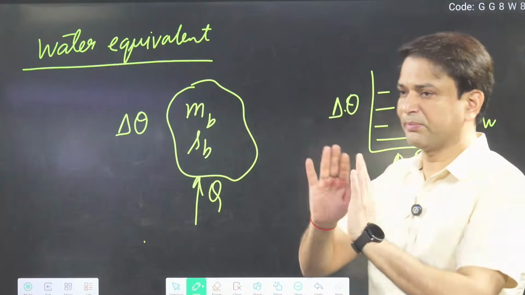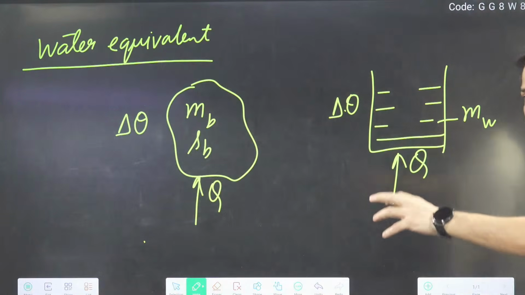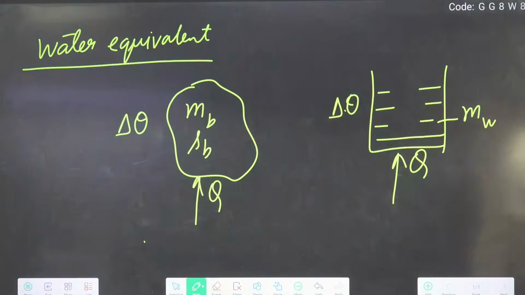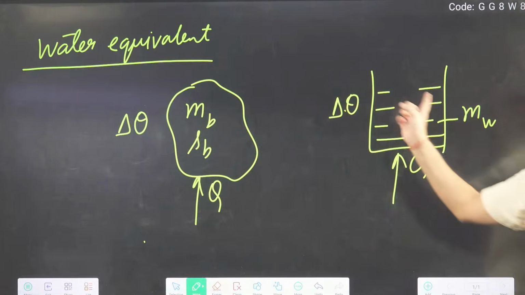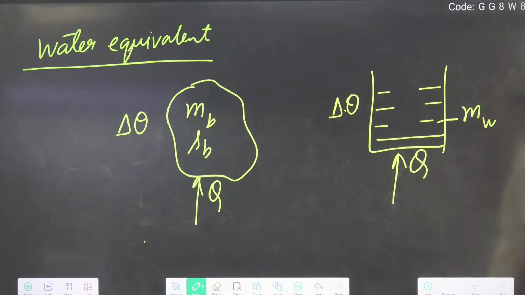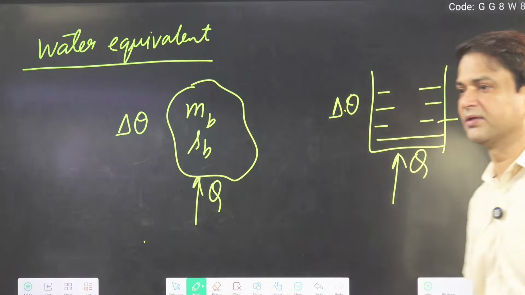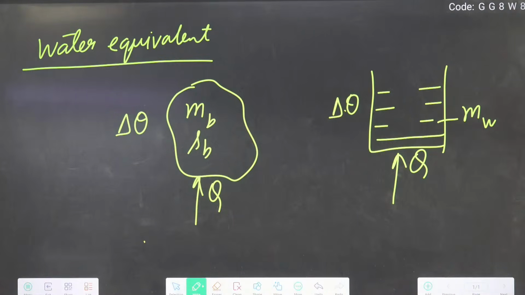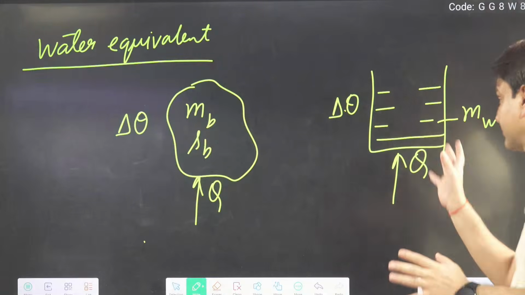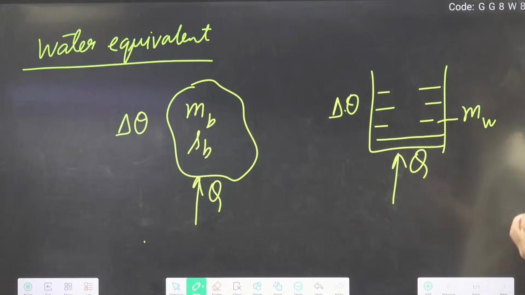So water equivalent means it is a mass of water, and the heat absorbed by it and the heat absorbed by the body will be equal for the same temperature change. Now, among the quantities I write on the board, delta theta, MB, SB, which quantity represents the water equivalent?